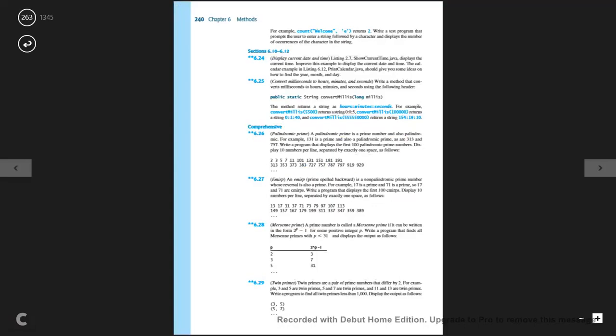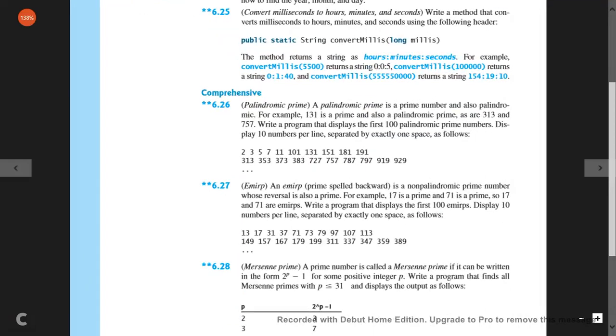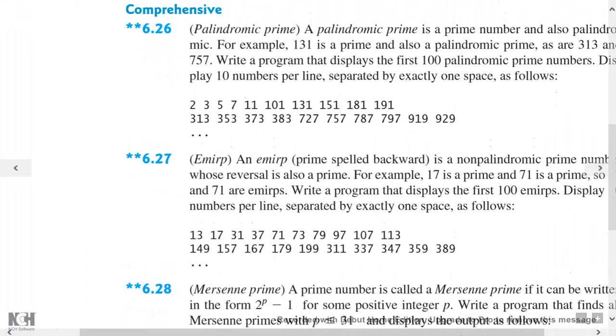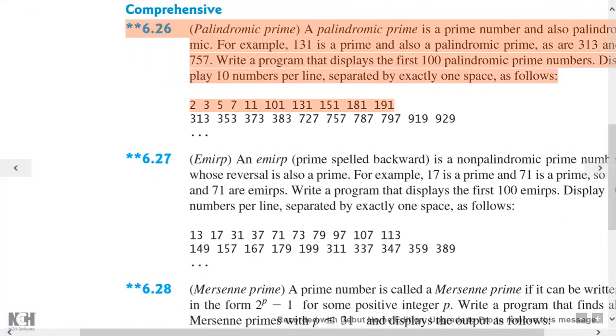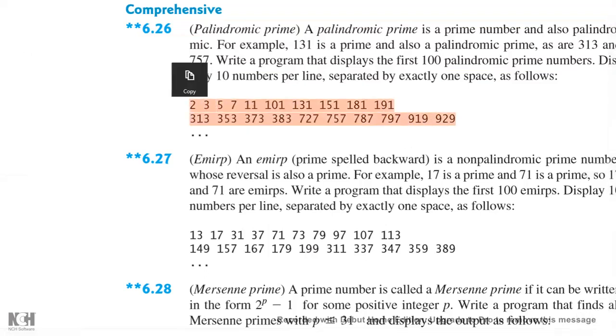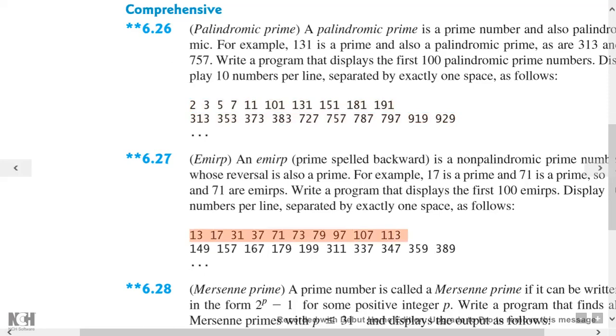What I was saying is, what we can possibly do is use the methods we created for 6.26. We can simply copy and paste them for the solution of 6.27.